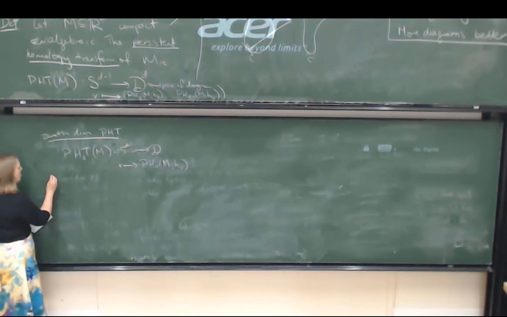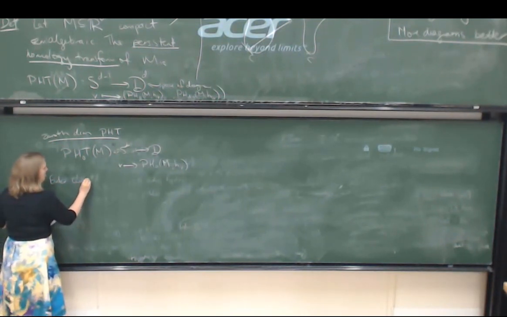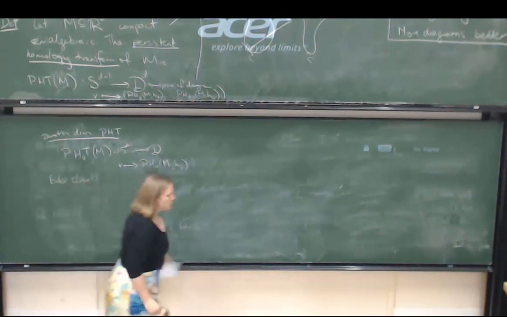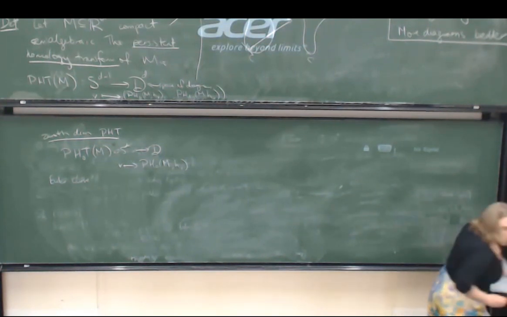And then the other thing we've got is the Euler curve. So the Euler curve transform. Oops. Is there longer chalk? Yeah. Oh, there's colours. Didn't use that.